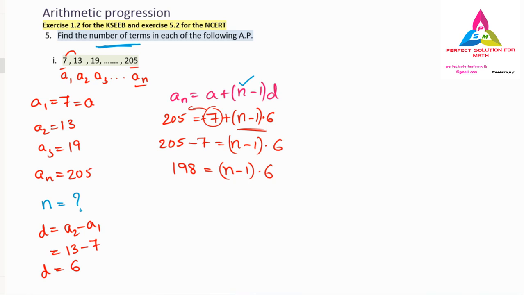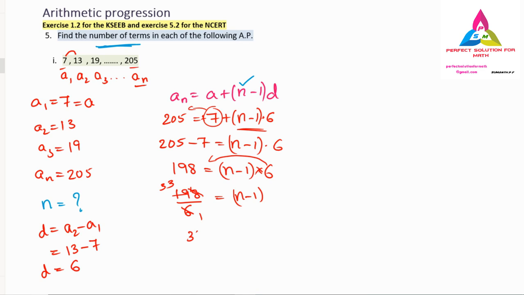Now n minus 1 is unknown and 6 is known, so we shift the 6 to the other side, where multiplication becomes division. So 198 divided by 6: 6 3s are 18, 1 is left, again 3s are 18.